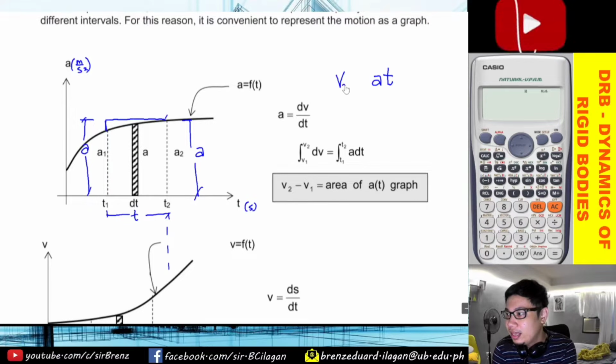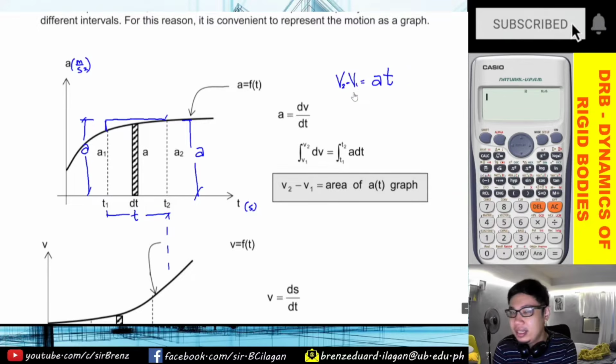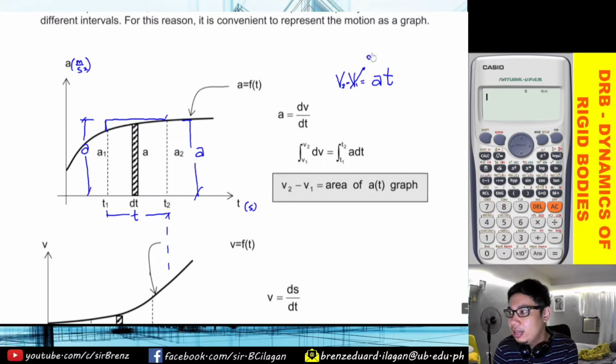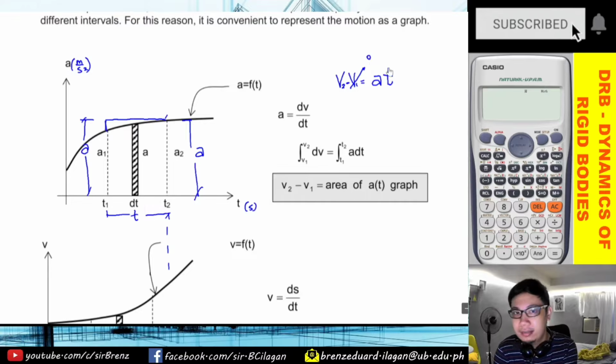Okay? Kaya yan v2 minus v1, meron kasing cases na meron kang initial velocity. Okay, merong value yung v1. Pero mostly, itong v1 mo, this is usually 0. Pero on other books, on other problems, depende sa problem, merong binibigay minsan na initial velocity.